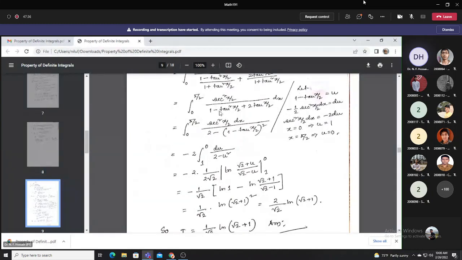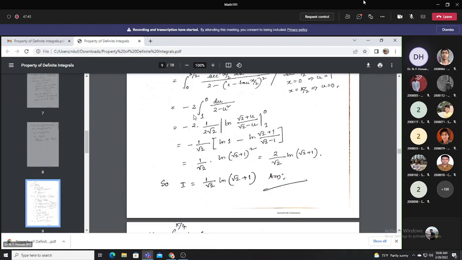In the upper part, you are getting minus 2 du. Minus 2 is taken outside, and in the lower side, 2 minus u square. Adjust the minus sign with the limit. Here I didn't adjust the minus sign, it is already there. And use the formula for what? dx by a square minus x square.